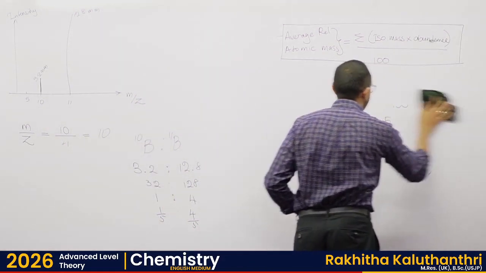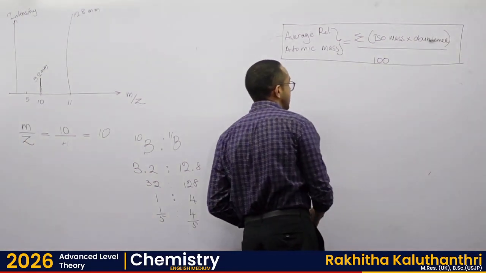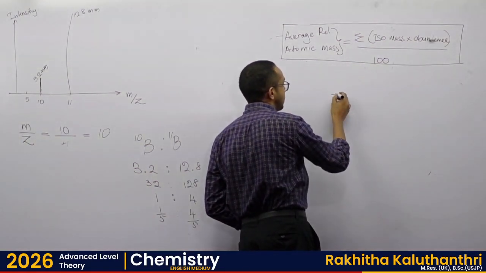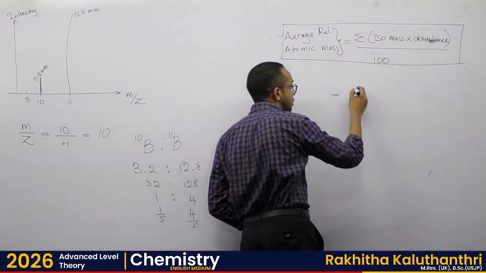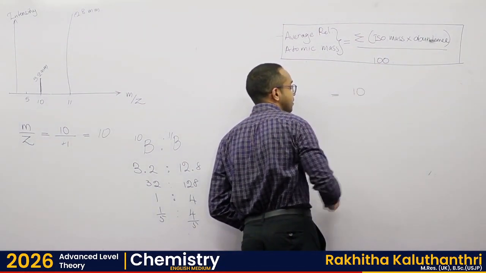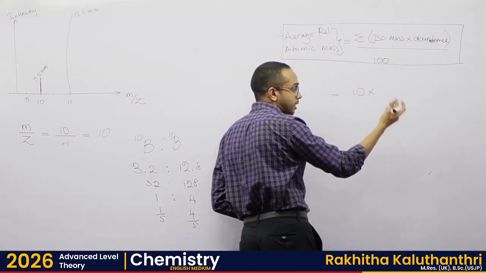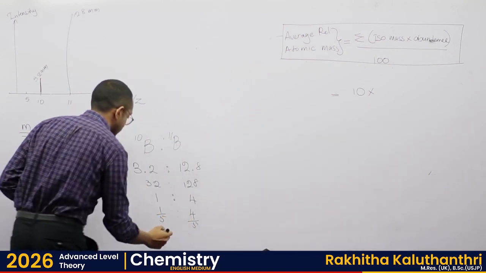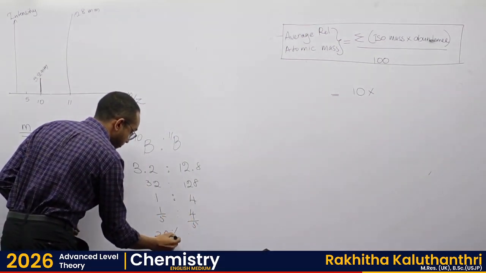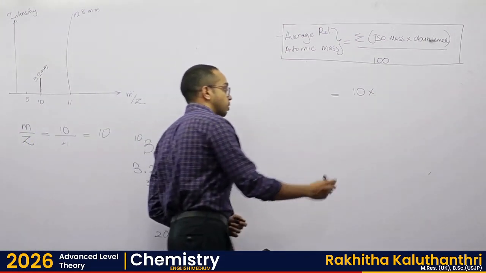And then we move on to this equation. We have now calculated the average relative atomic mass. Now average relative atomic mass would be, we have to take the isotopic mass. Isotopic mass is 10 for the first one. Its abundance was 20%, we just calculated here. This is 20% and this is 80%.